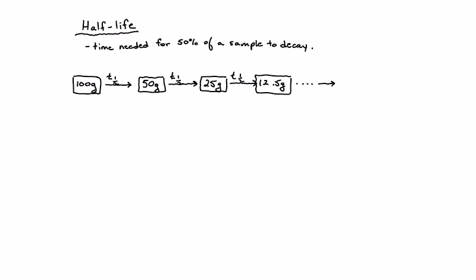So half-life is very useful when we're trying to figure out how long radiation is going to hang around, because we know that radiation is dangerous stuff. We would like to know when a sample becomes safe. In other words, it does not emit a dangerous amount of radiation. Okay, so it turns out that half-lives can take on a very large range of values.